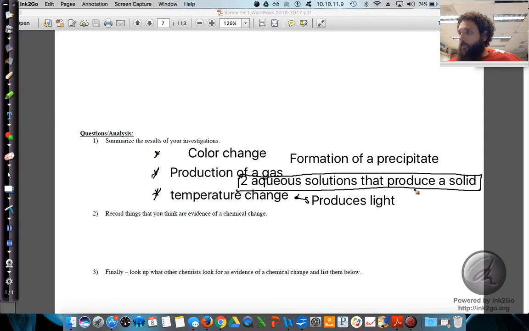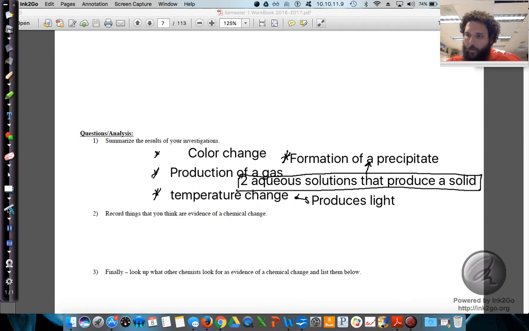But this one will never be a false positive. This always is true, and that is what is called a formation of a precipitate. So the four things that you need to know are the ones that I'm going to put X's next to: color change, production of a gas, temperature change, formation of a precipitate. Again, these are the observations that we use as evidence of a chemical change.